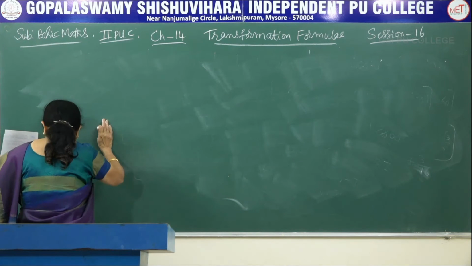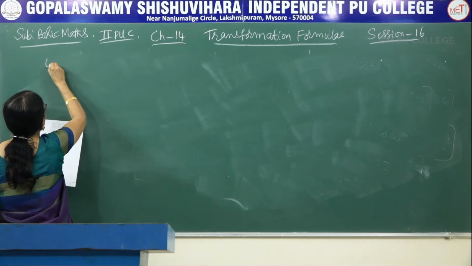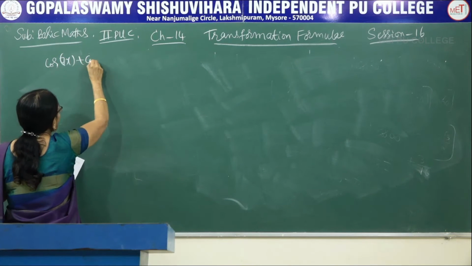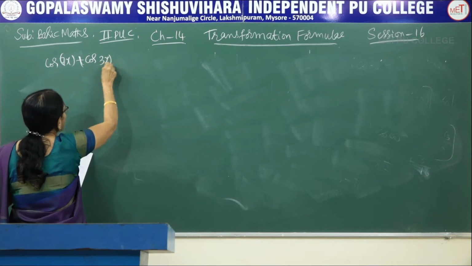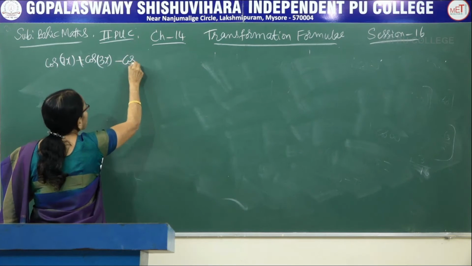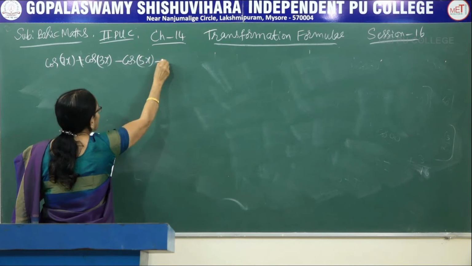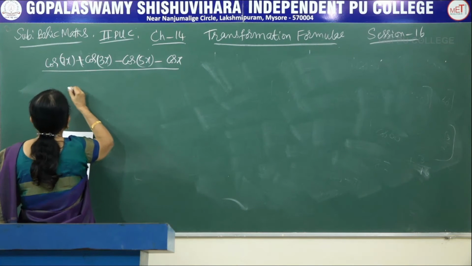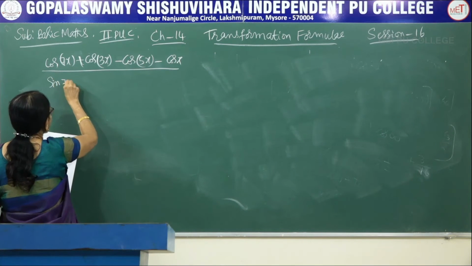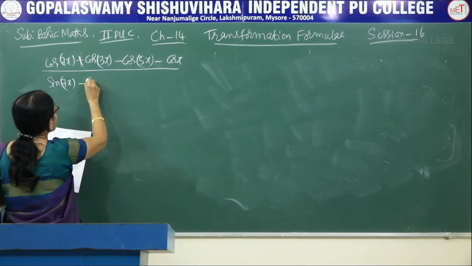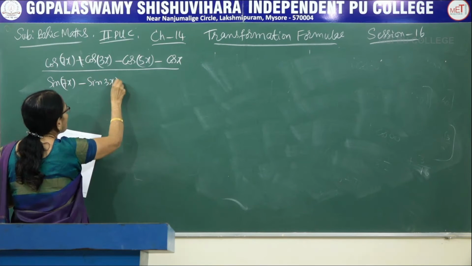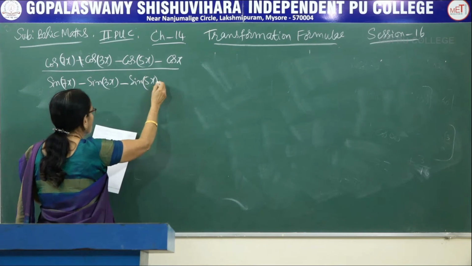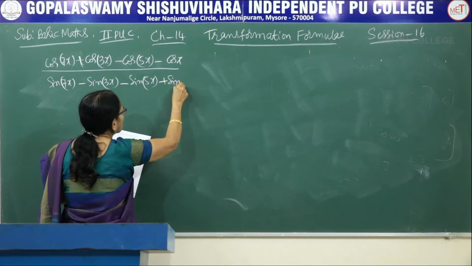Now, prove that cos of 7x plus cos of 3x minus cos of 5x minus cos x, whole thing divided by sin of 7x minus sin of 3x minus sin of 5x plus sin x.